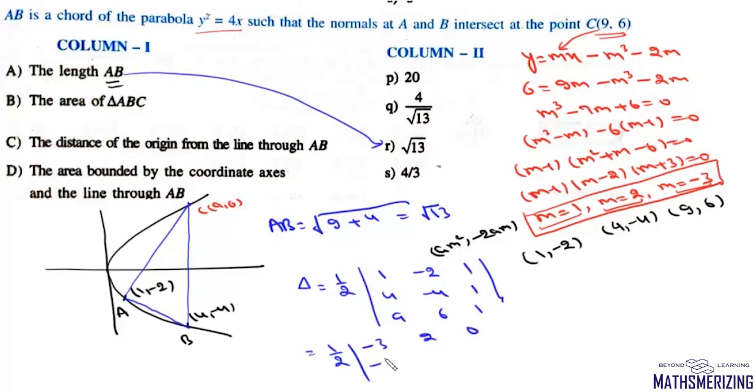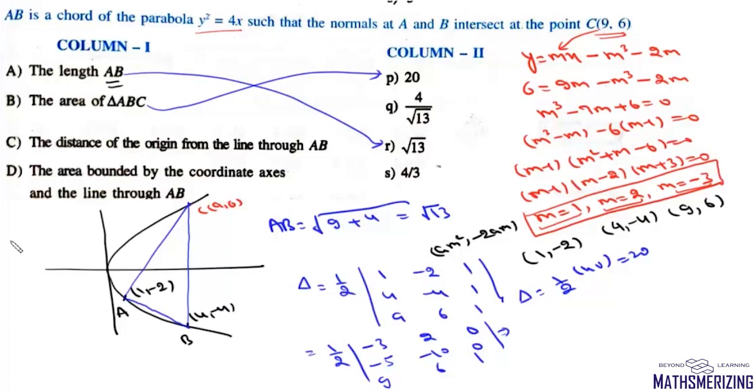And now here it will be minus 5, minus 10, 0, and this is 9, 6 and 1. So we can write this area as 1 by 2 and will be 30 plus 10, so that should be 40 and it is 20. So area of this triangle ABC is simply 20 units. So option B is matched to B.